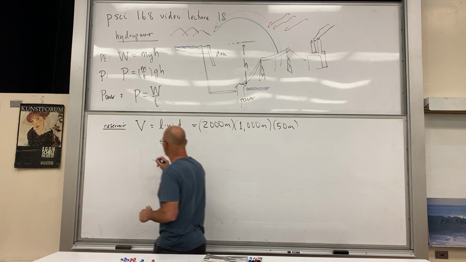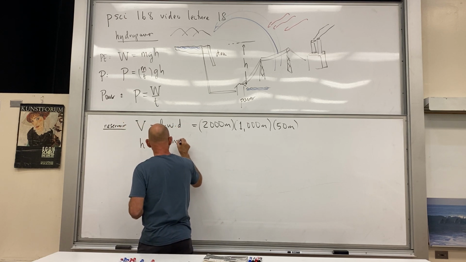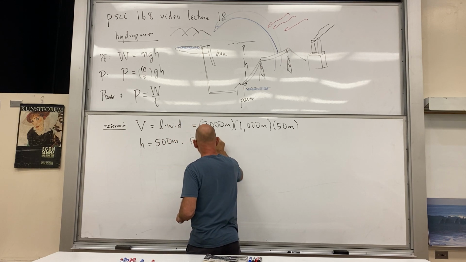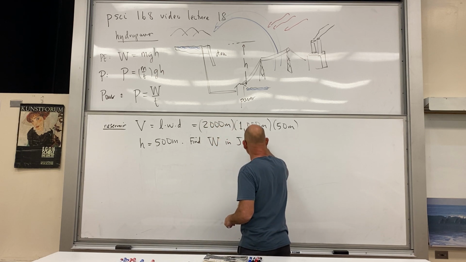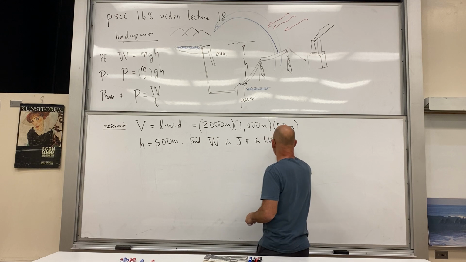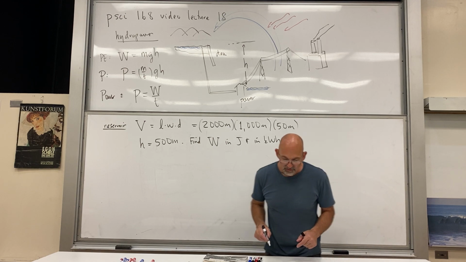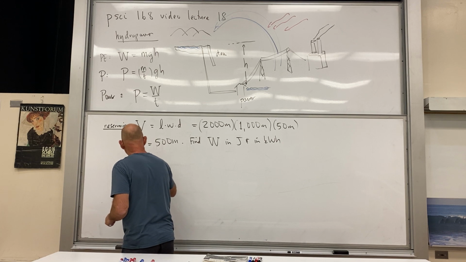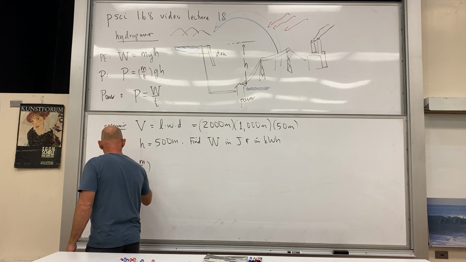We had H equal to 500 meters. Find potential energy in joules and in kilowatt hours. And then we had a flow rate. The flow rate, so I'll just write down flow rate.